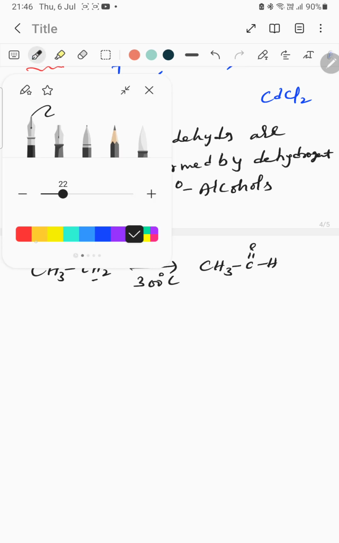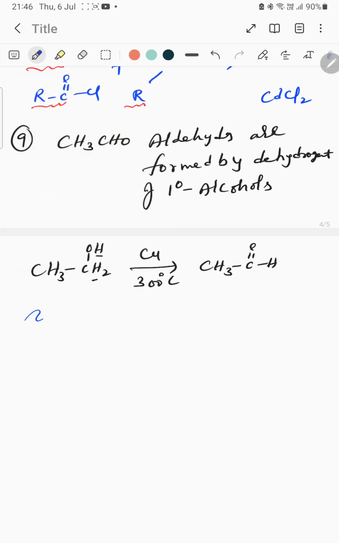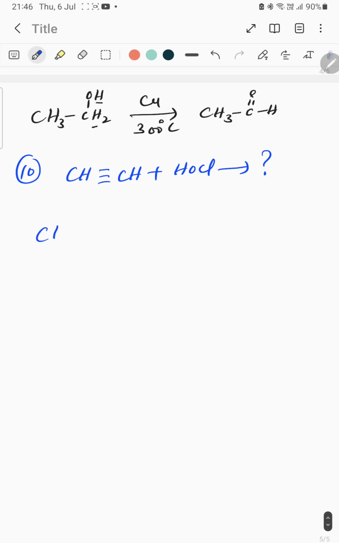Next, 10th one. Acetylene on reaction with hypochlorous acid. CH triple bond CH reacts with hypochlorous acid, which will be formed. Acetylene, hypochlorous acid. Break one bond.